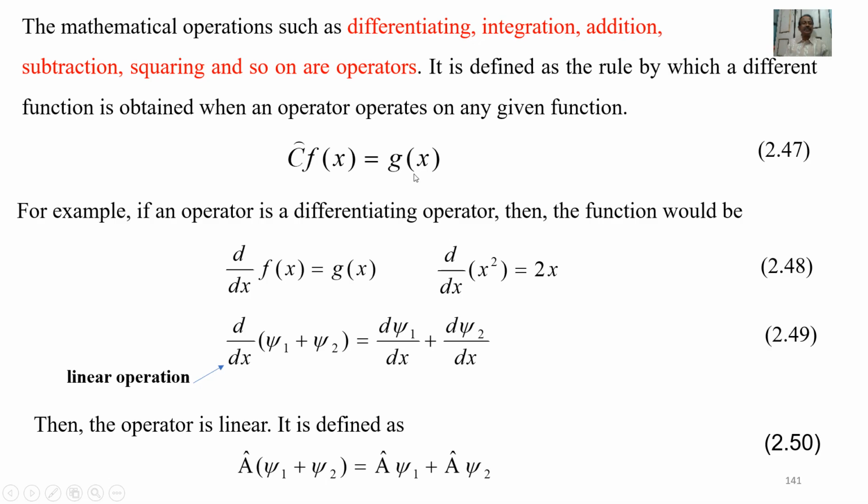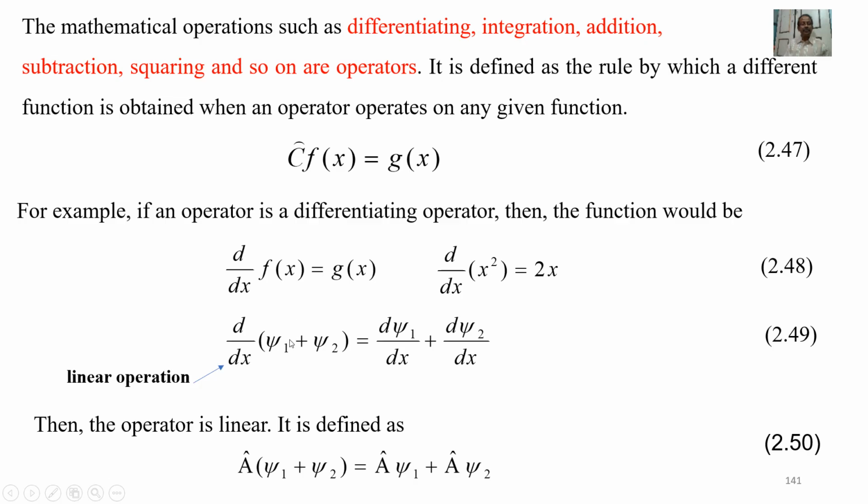For example, we can take differentiation as an operator. So d by dx of f of x equals g of x. For example, d by dx of x squared equals 2x. Here x squared is the one function, x is the obtained function, and 2 is the eigenvalue. This equation is known as the eigenvalue equation.